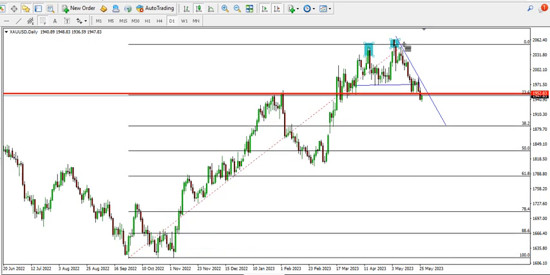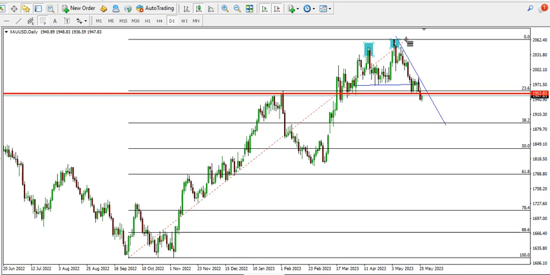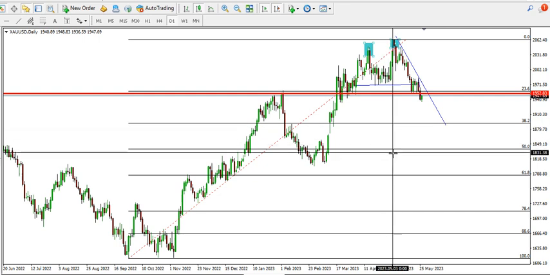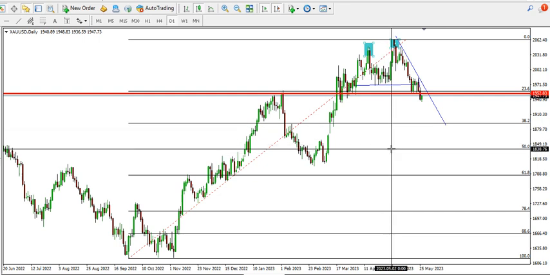Okay, but for now, on the daily time frame, the price of gold has retraced more than the 23.6% Fibonacci level. So the 38.2% Fibonacci level is at 1890 area, while the 50% Fibonacci level is at 1838 area.